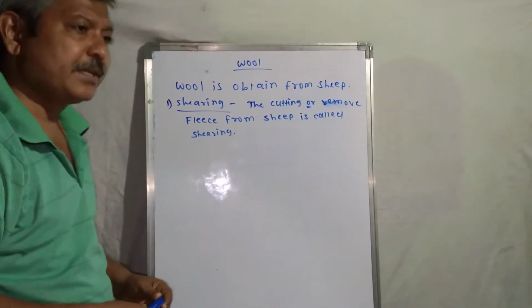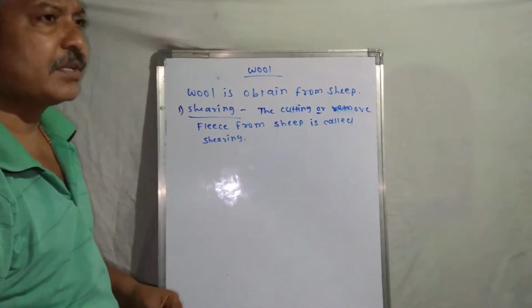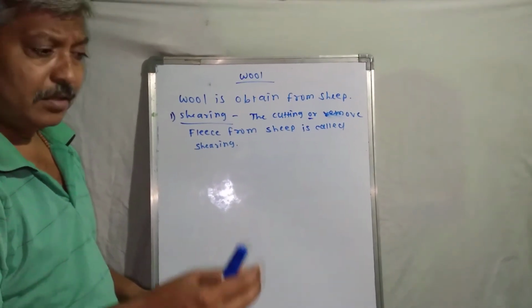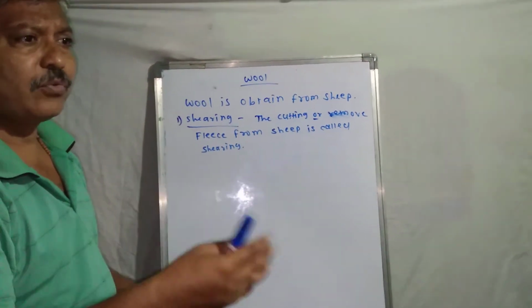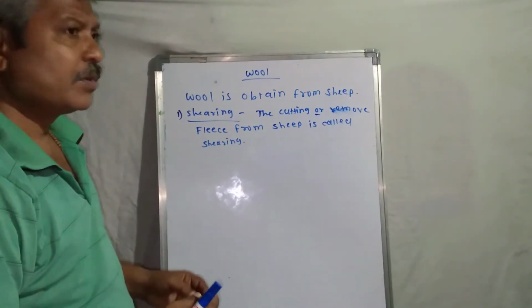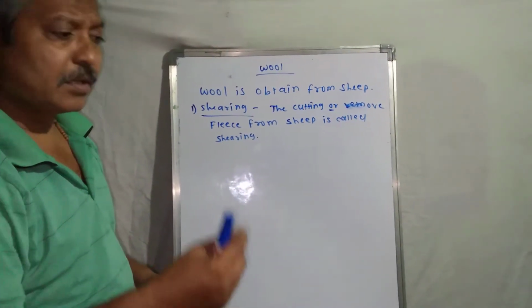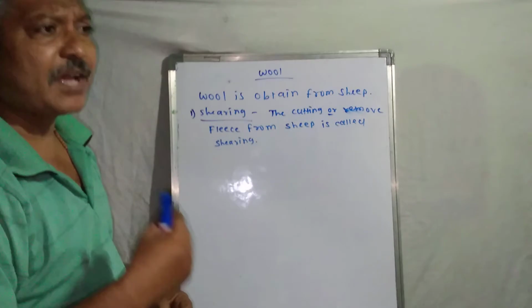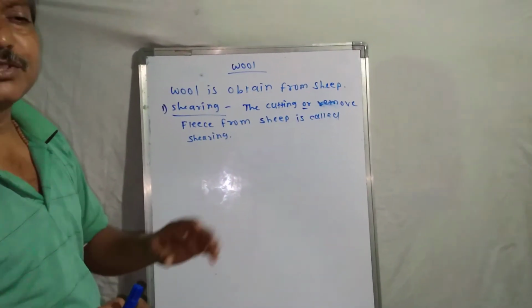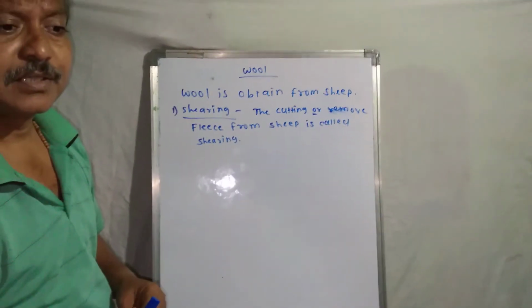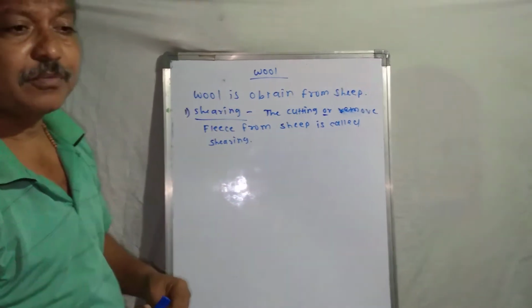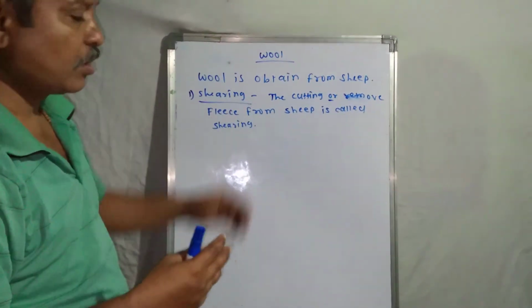The yak is found in the cold region, and the fur or wool obtained from them keeps us alive at minus 22 degrees Celsius. That is the power of the wool obtained from the yak.